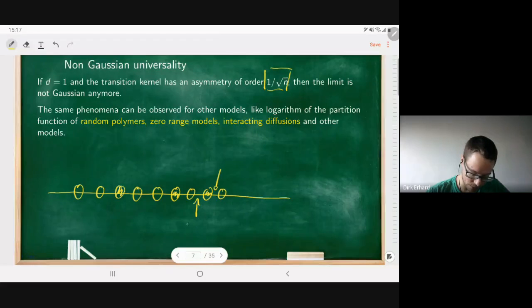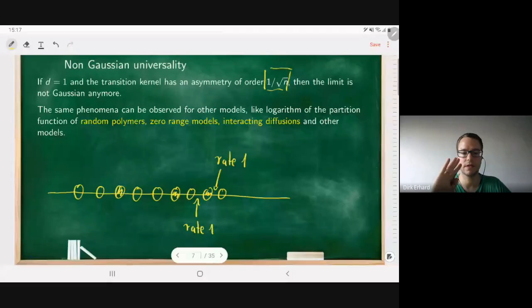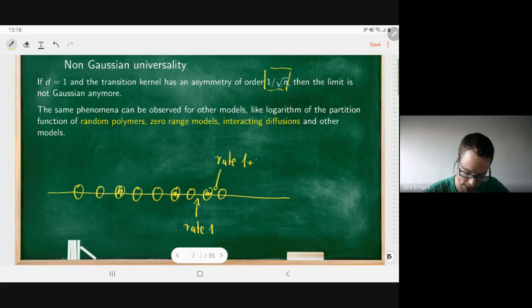What I didn't mention, but was assuming implicitly, is that both of them have rate 1. In this case, I would be in a perfectly symmetric situation. Asymmetry of order 1 over square root of n really means that I increase or decrease one of the two rates by something of this form. So now it's a little bit more likely to jump to the right, but only a tiny bit more likely. But again, it turns out that the limit really changes dramatically.